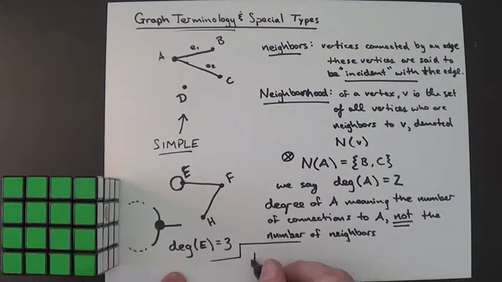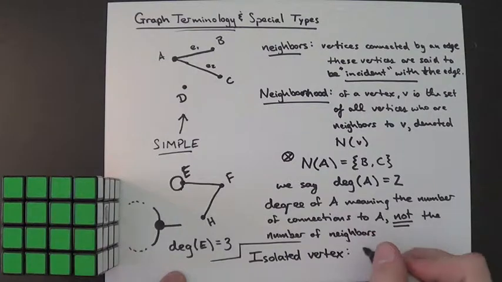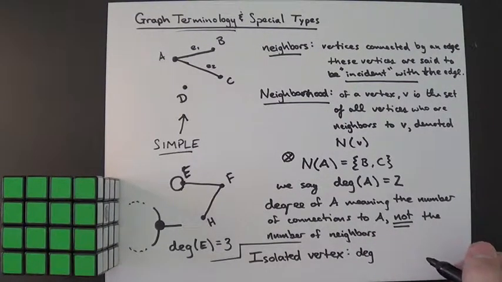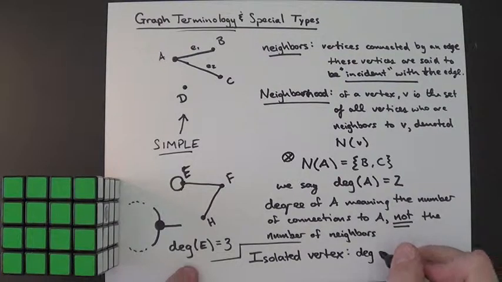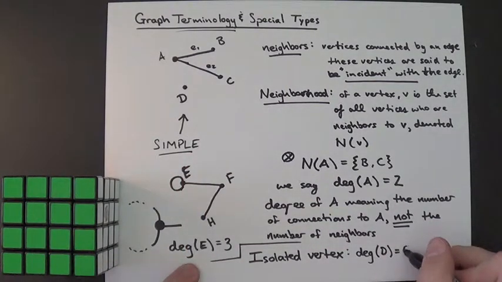A couple other words that are used every now and then. An obvious one, isolated. An isolated vertex is one in which the degree is 0. There's no connections to it. It's all by itself. It's called isolated, kind of like D up there.